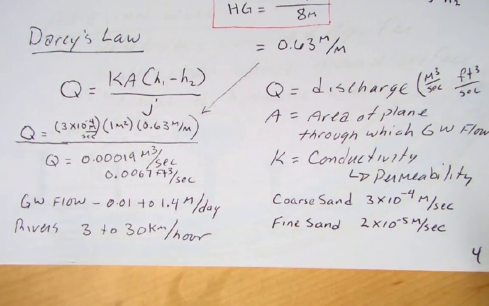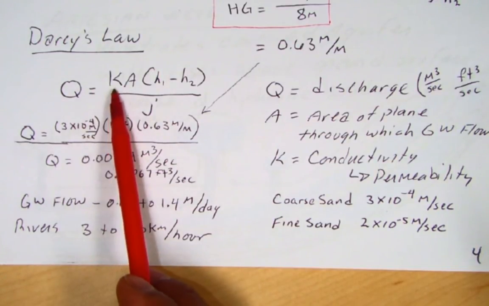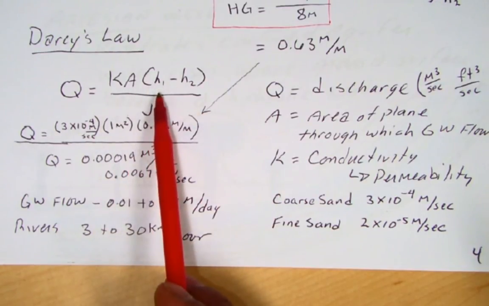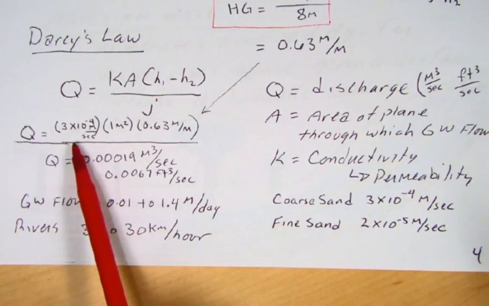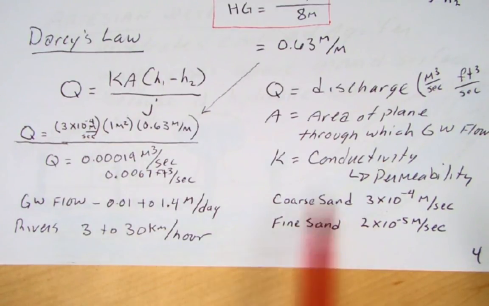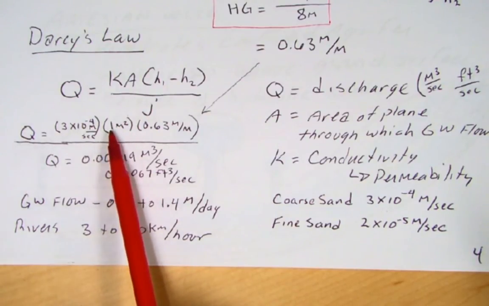So using those numbers, right, I'm going to employ Darcy's law here. Q equals the conductivity times the area, and then times the hydraulic gradient here. And so I'm going to use the K value for coarse sand here. And then I'm going to say that the area is 1 meter square. So it's passing through a plane that's 1 meter by 1 meter on the side.